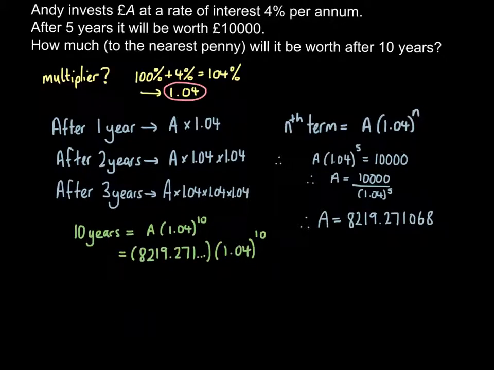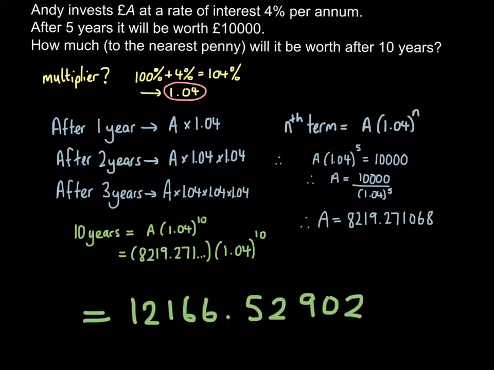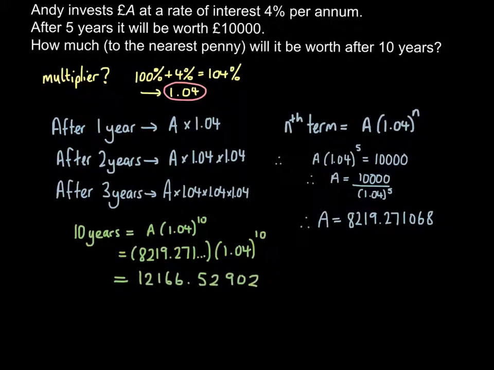That's going to give us 12,166.52902, and it's that number that we're going to round, because that is the answer the question has asked us to calculate. It's asked how much, to the nearest penny, will it be worth after 10 years.